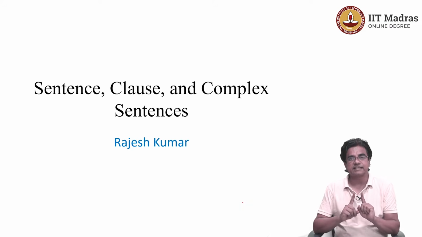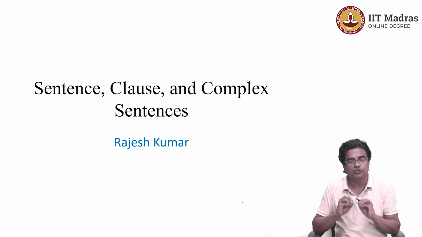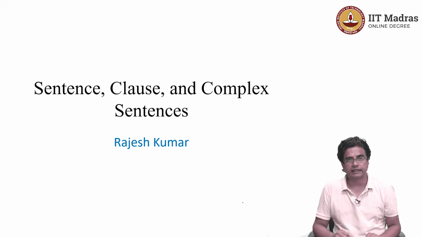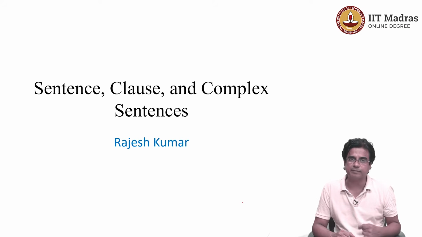When two sentences are connected with a comma, a connector or conjunctions like and, or, etc., in such a situation, we call it a compound sentence. And when a sentence has another subordinate clause in it, then we call that sentence a complex sentence.